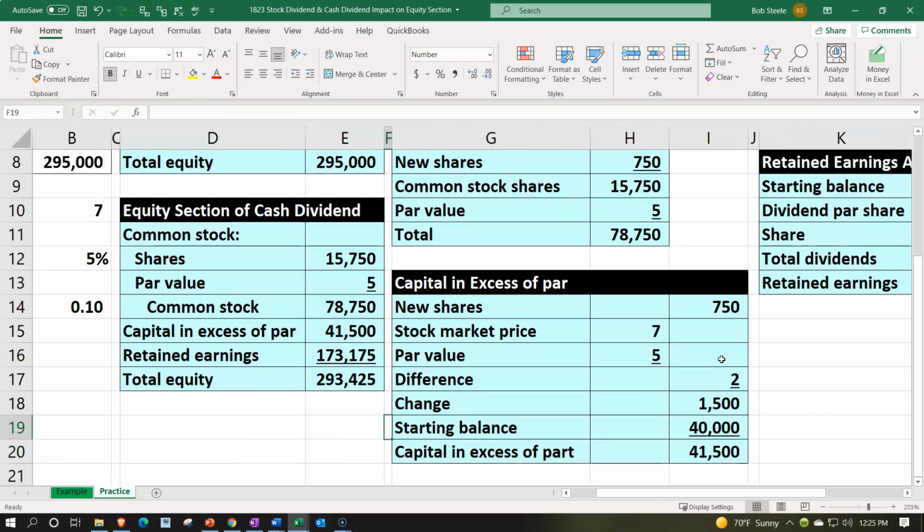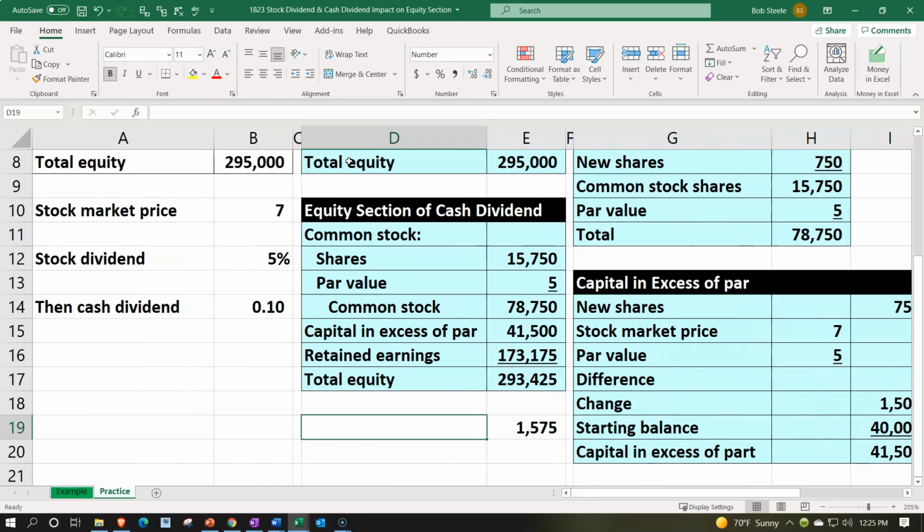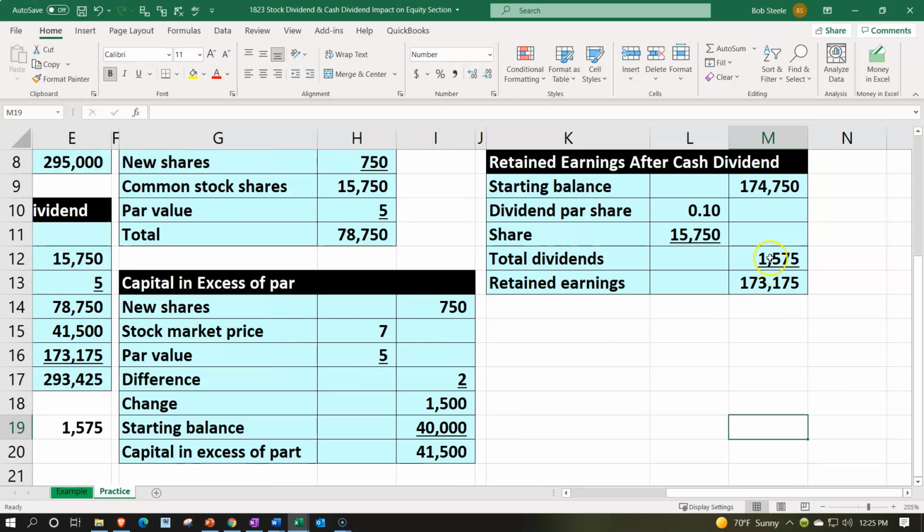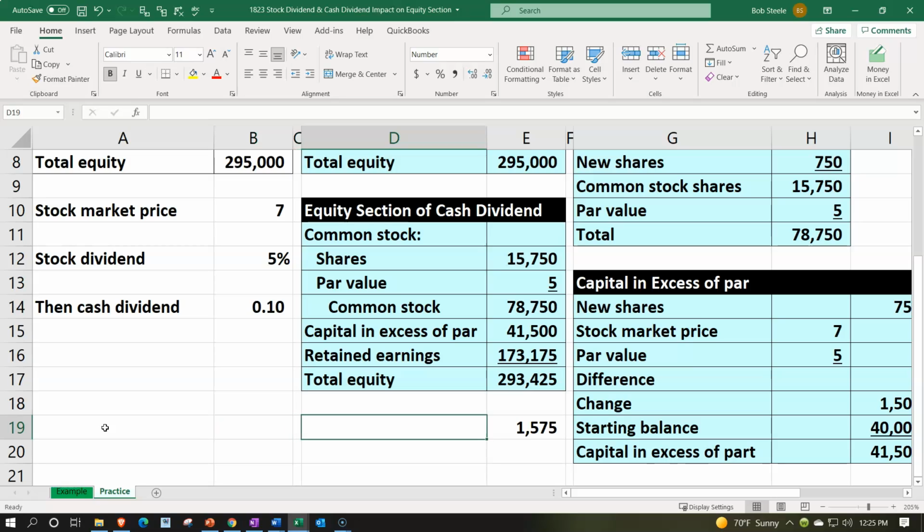The difference between these two retained earnings then, between what we had before and this retained earnings, is going to be the cash dividend that went out. The amount of cash dividend that went out here, because the other side of that went to the cash.